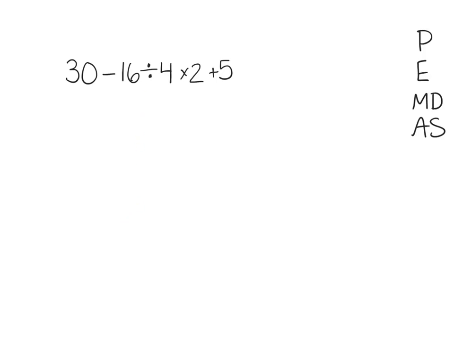So first I'm going to see, do I have parentheses? Nope. Do I have exponents? No, I don't. Do I have multiply and or divide? Yes, I have a divide and I have a multiply. So remember, I write these on the same line because I just move from left to right. So I'm going to start on the far left and move to the right.